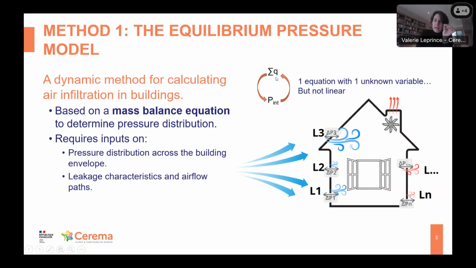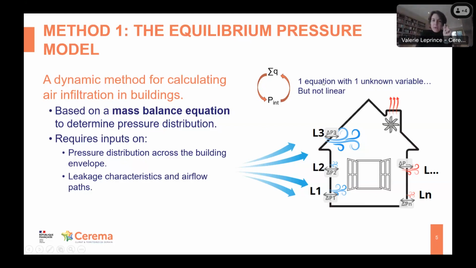So in the end, you will have one big equation, the mass balance equation, with only one unknown variable, which is the internal pressure. You calculate the internal pressure such that the actual mass balance is 0. So basically, you've got one equation, one unknown variable. The only problem is that it's not linear, so you'll need a solver, but it's just one equation, one unknown.